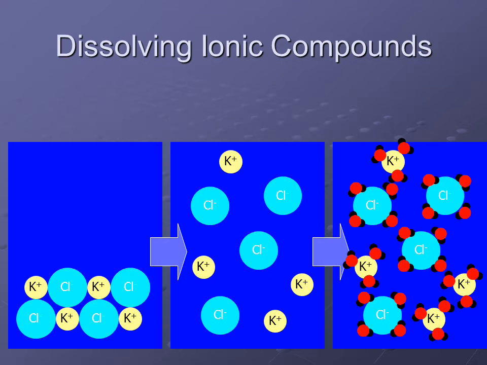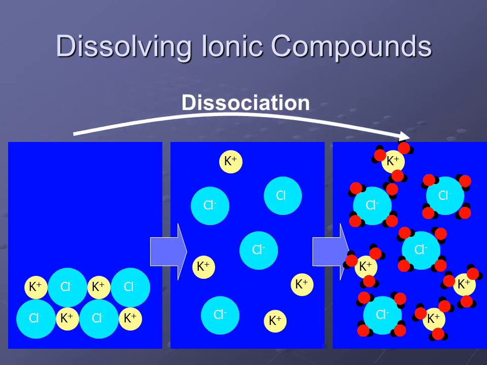Now, just to make things really nice and complicated, chemists do not always distinguish these two separate steps, the dissociation from the hydration. Sometimes the whole process is called dissociation. So dissociation can have multiple meanings. The first is just breaking up the crystal lattice and resulting in randomly arranged ions.